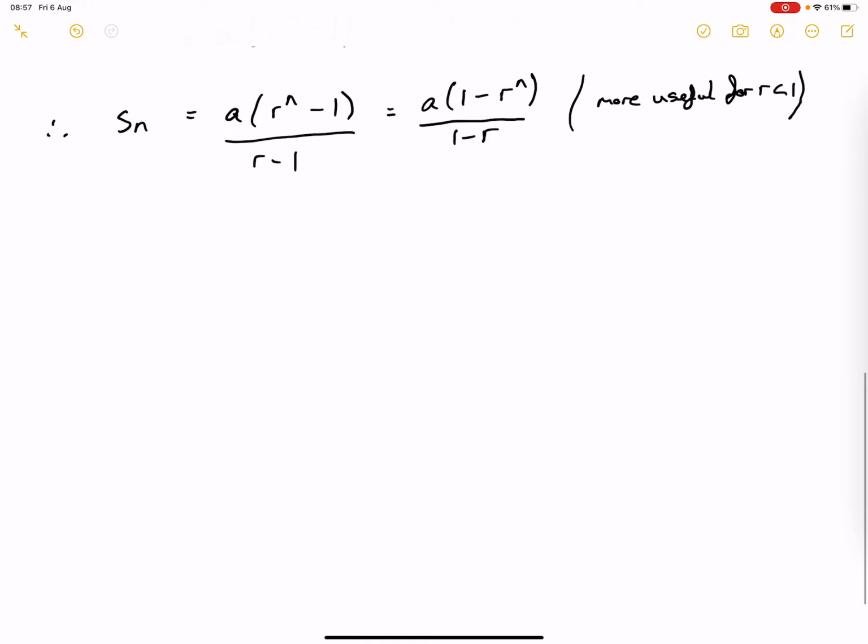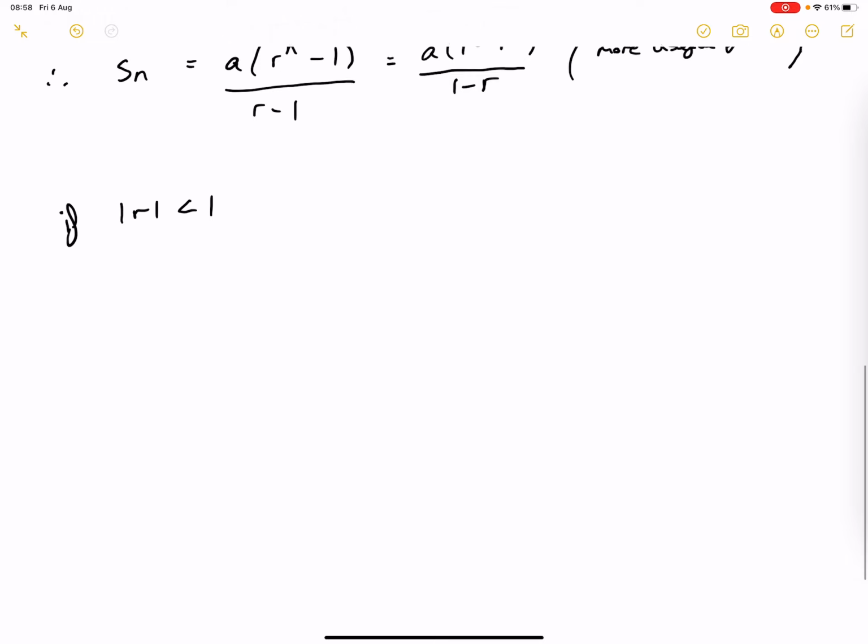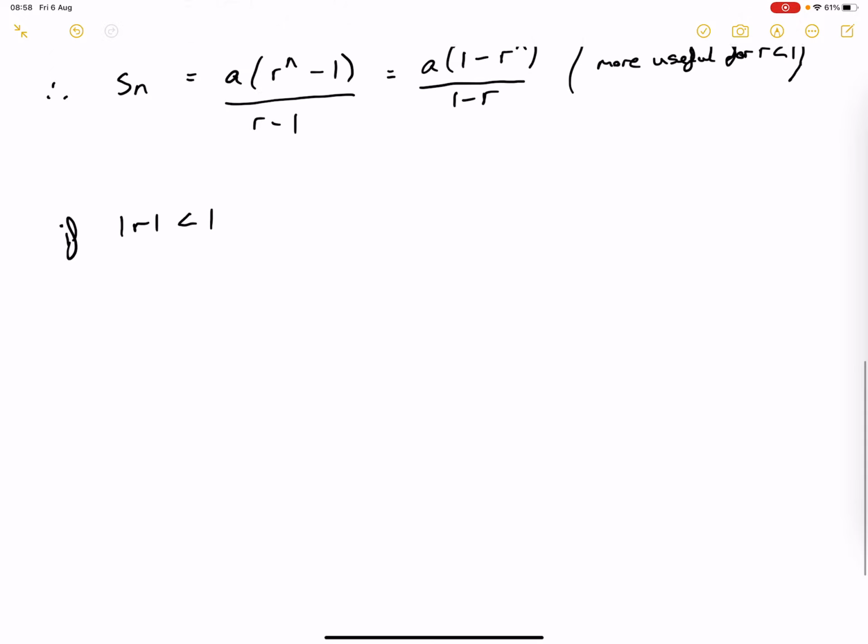Now, there's another form of this, because if we want to do a sum to infinity, in order for it to not be infinite in either the positive or negative direction, then mod r must be less than 1. Let's deal with this case. If mod r is less than 1, then r is a fraction.